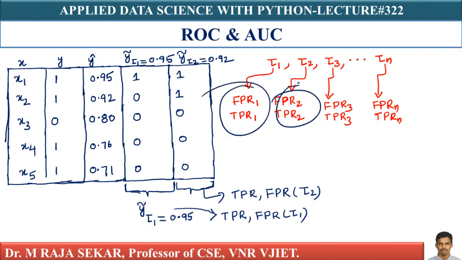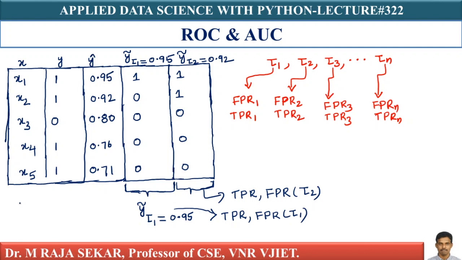The second threshold is tau 2, with its corresponding FPR and TPR values. The third threshold is tau 3, again with corresponding FPR and TPR values. If there are n points, I will get n FPRs and TPRs. In this case, I have only 5 points, therefore I will get 5 threshold values, 5 FPRs and 5 TPRs.